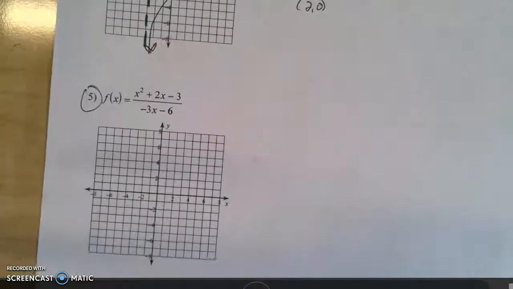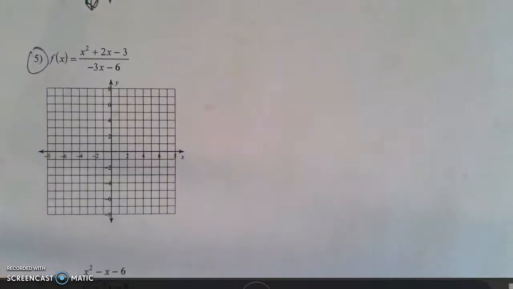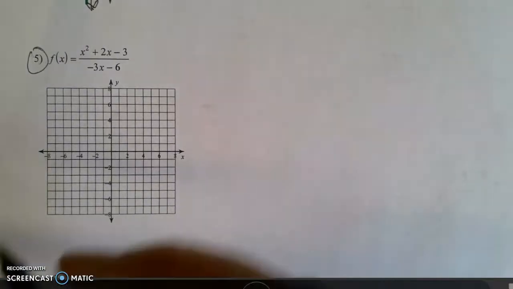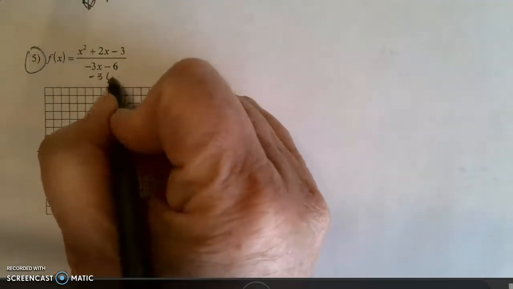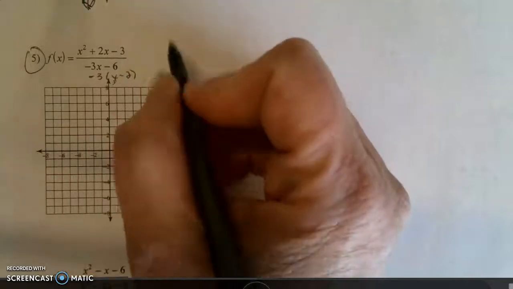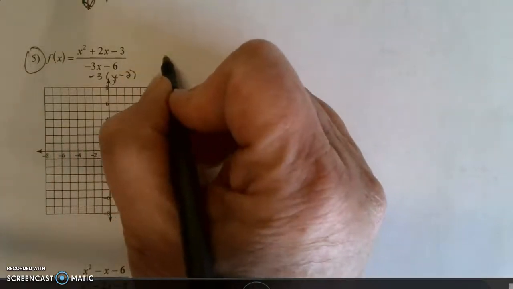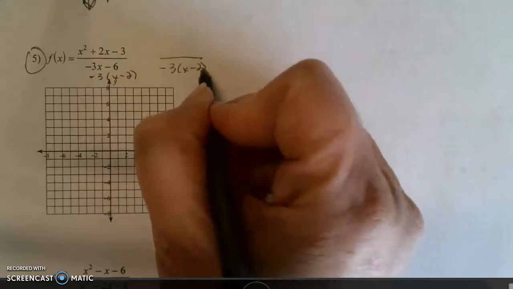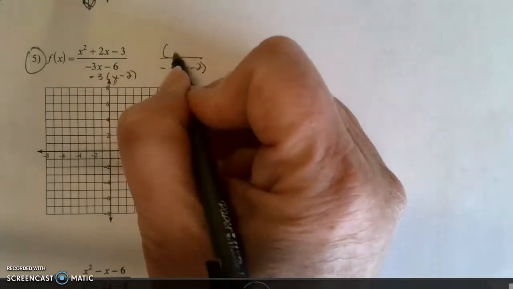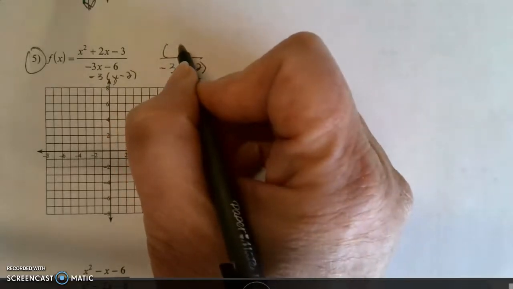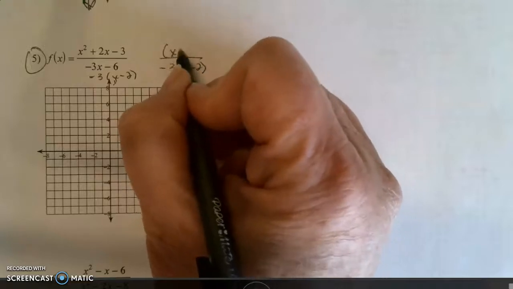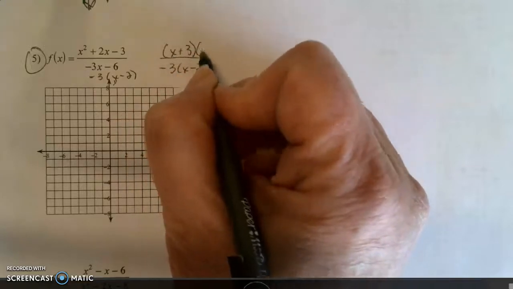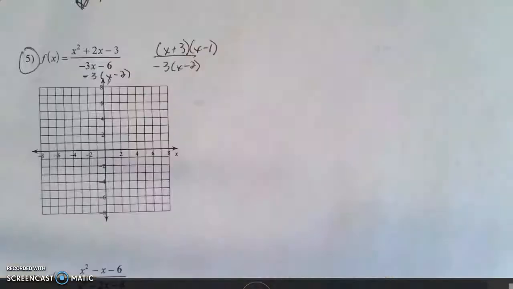All right, let's try one more. I'm going to start by factoring. I don't have anything to cross off, so I don't have any holes.